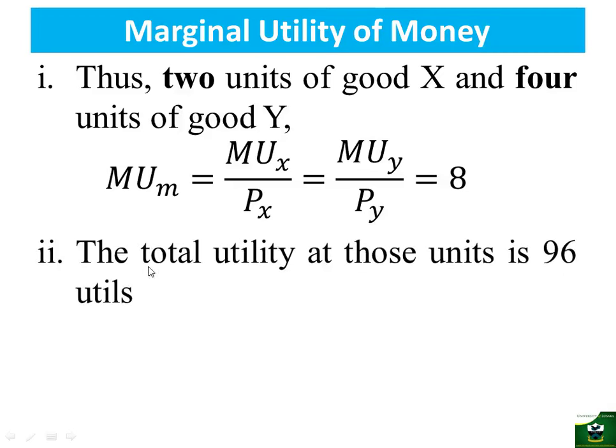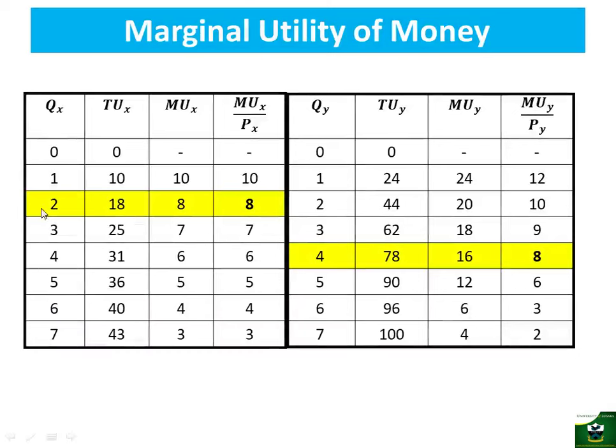The second question was asking us to find the total utility at these units consumed. Now, if you look at the previous table, the table that we just computed, at the unit of 2 of X, total utility is 18. So meaning we will have 18 here, and then we'll add from the Y side, Y consumed is 4 and total utility is 78.